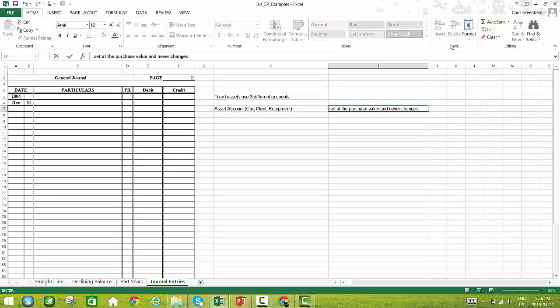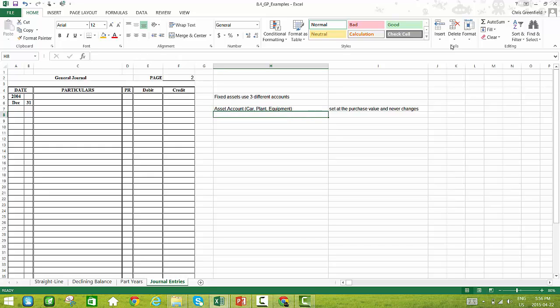The second one that we will always have, and basically all we do is we take the asset name and then we add words to it. So for the first one, we need what's called a contra account to track the accumulated depreciation. So we call that accumulated depreciation, and then a dash, and then the name of the asset. So in this case, we're gonna say car.